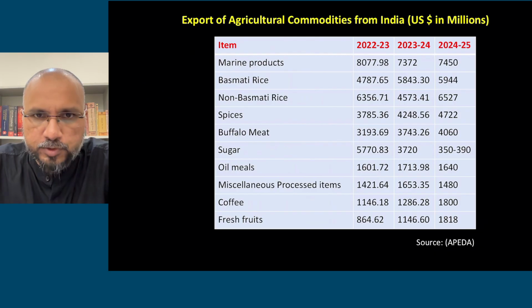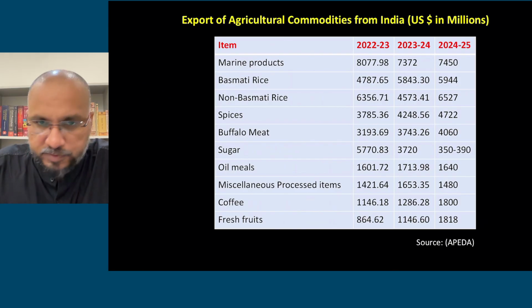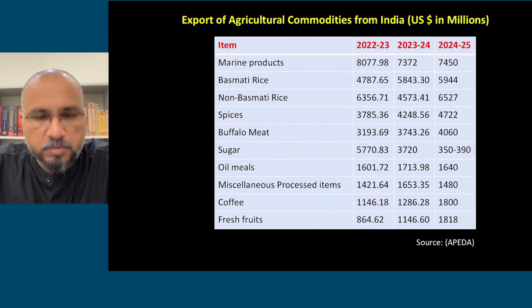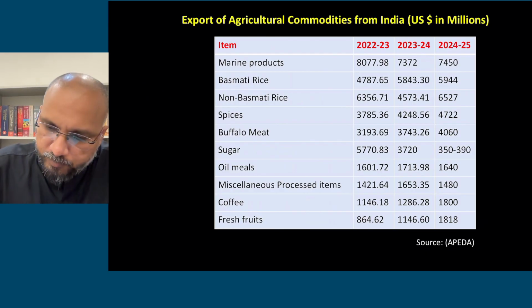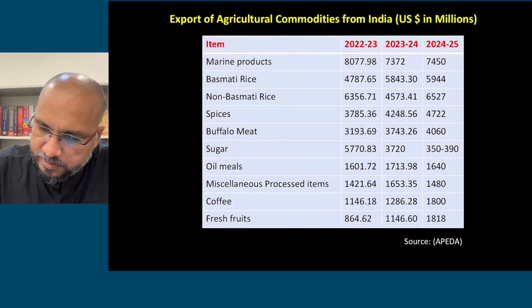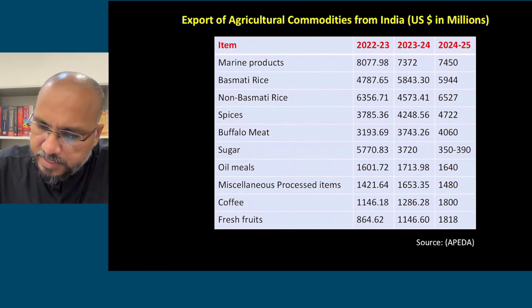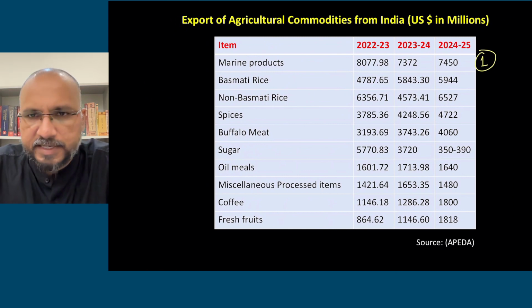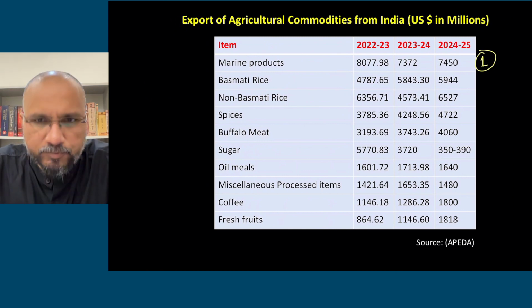When it comes to export of agricultural commodities, the source is APEDA, Agricultural and Processed Food Export Development Authority. I have taken the data from there. Mainly the top one is marine products. At least look at the last 3 years, it won't change much.